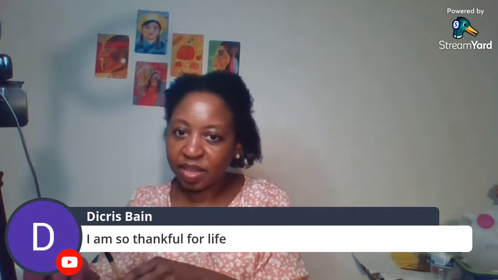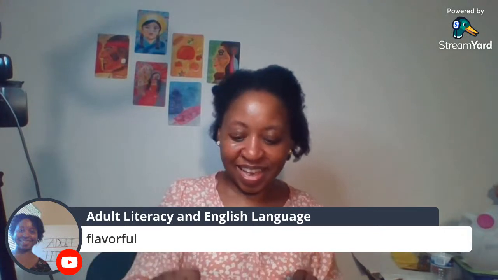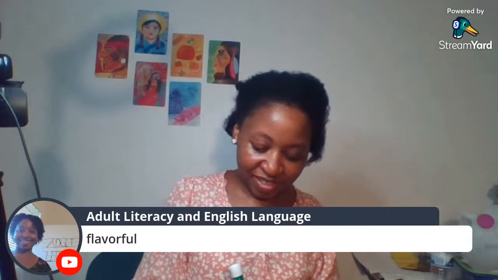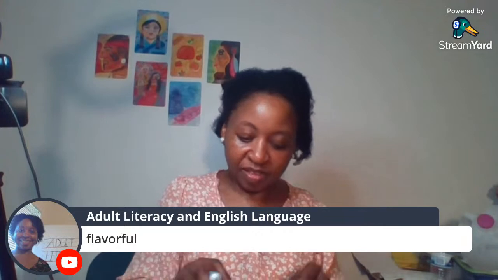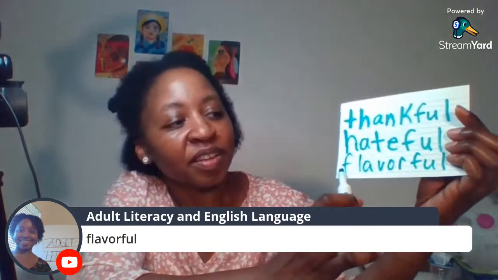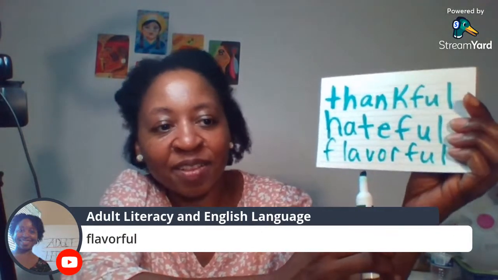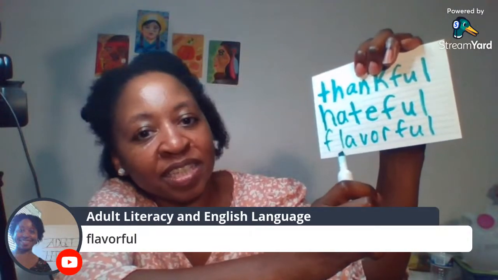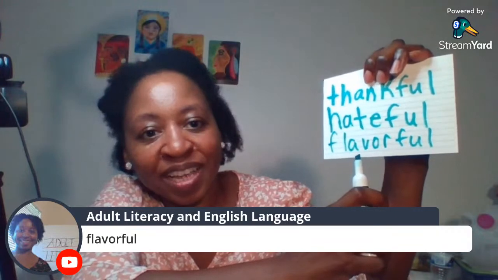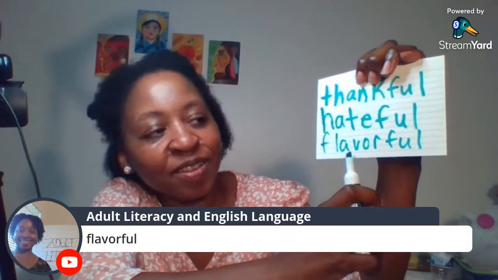Here we go for the next word. It's right here. And that is flavorful. FL has the fluff sound. That's one of our prefixes. A in this word has the A sound.